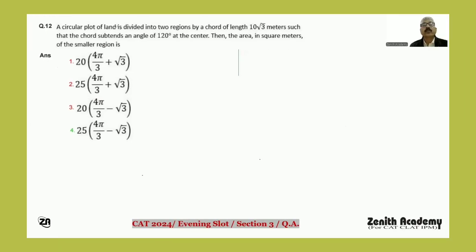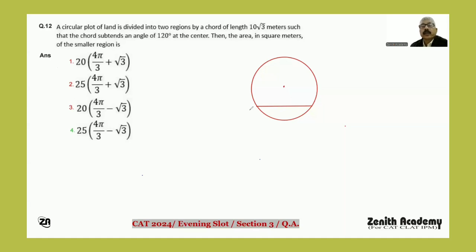A circular plot of land is divided into two regions by a chord of length 10 root 3 meters, such that the chord subtends an angle 120 at the center. Then the area in square meters of the smaller region is. Okay. So here is the figure. In this figure, this is a chord.